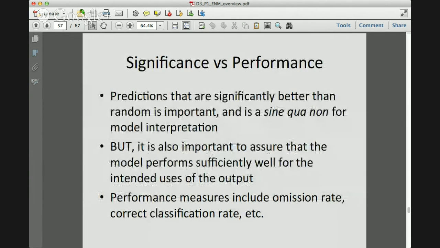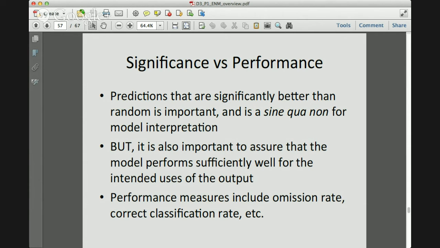Last point about model evaluation is the difference between significance and performance. We definitely want to know that our model performs significantly better than random expectations. That's crucial, but it may not be enough. Which is to say, imagine that we're predicting coin flips, and I have some algorithm that allows me to predict the outcome of coin flips better than random.